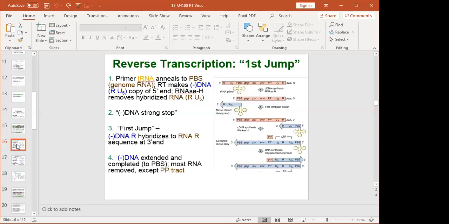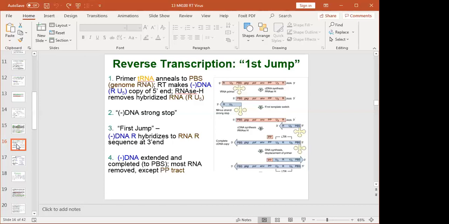I also mentioned that at the 5' end of the viral genome, host cell transfer RNA is the primer that binds to the PBS, or primer binding site. Primer is there, the enzyme reverse transcriptase is there, and it makes a negative DNA strand.